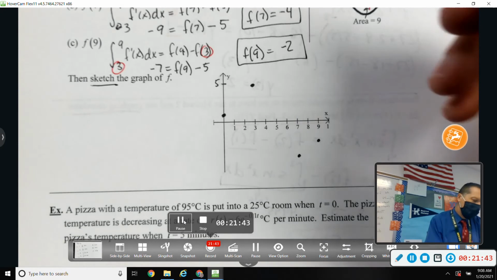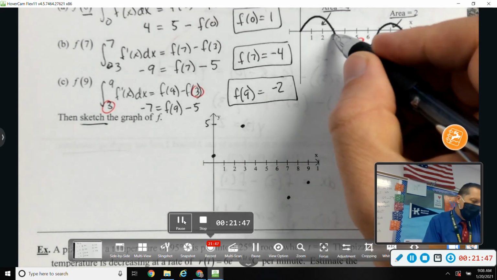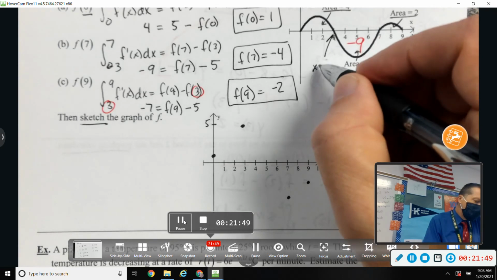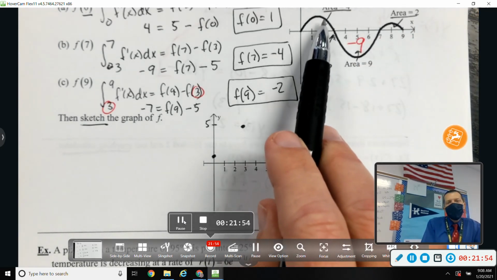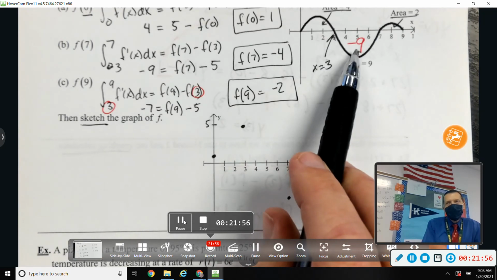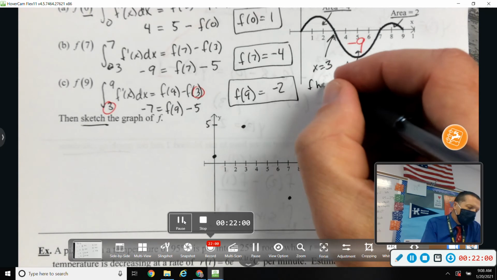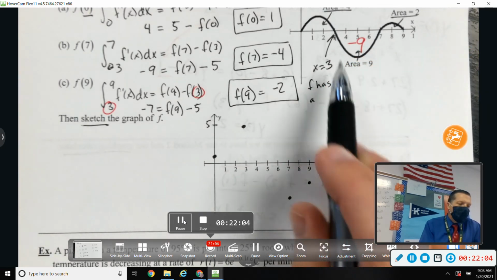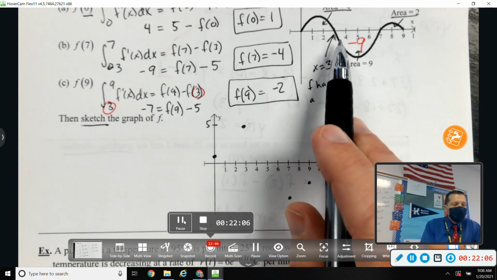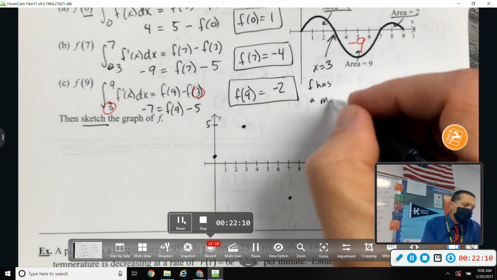Well, we hadn't talked about this in a while, but at x equals 3, f prime is changing from positive to negative. So what does that mean is going on at f? F has a max, because f prime changes from positive to negative, so f has a max at 3.